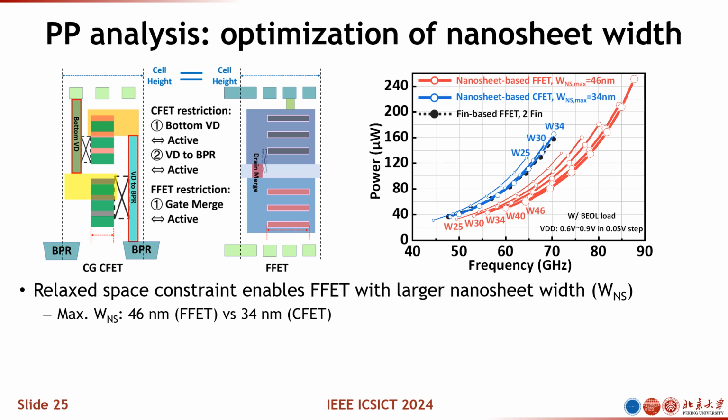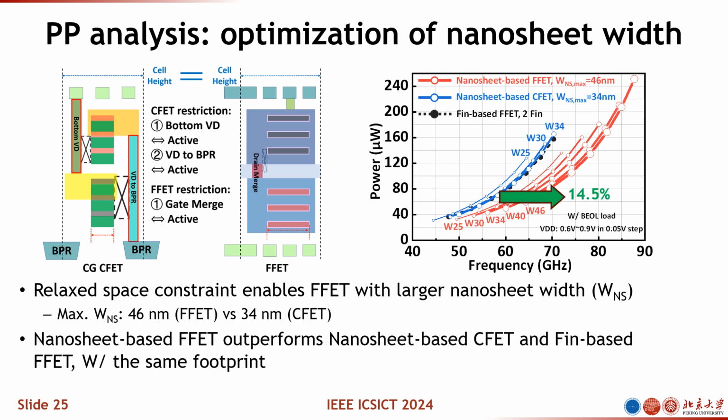So that's why on the right hand side picture, by using the FlipFET concept, the power performance is better than the CFET. Yeah. So now looks like we have the standard cell and we also have the device performance.